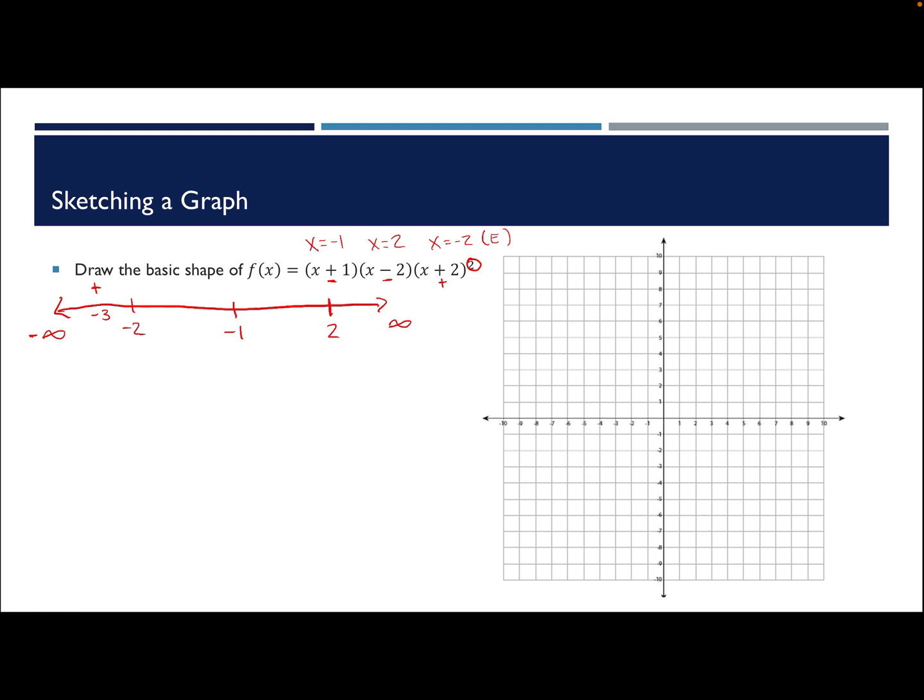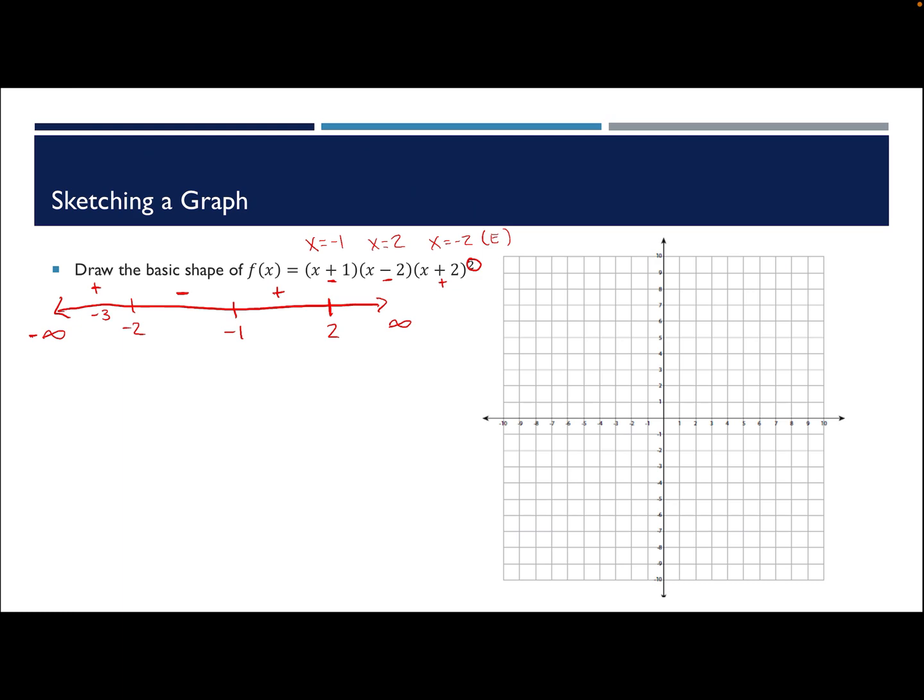And I'll tell you that at roots of odd multiplicity, our sign chart is going to change signs because the graph has to go through the x-axis. So between -2 and -1 is going to be negative. And because -1 has an odd multiplicity, we're going to change sign again.